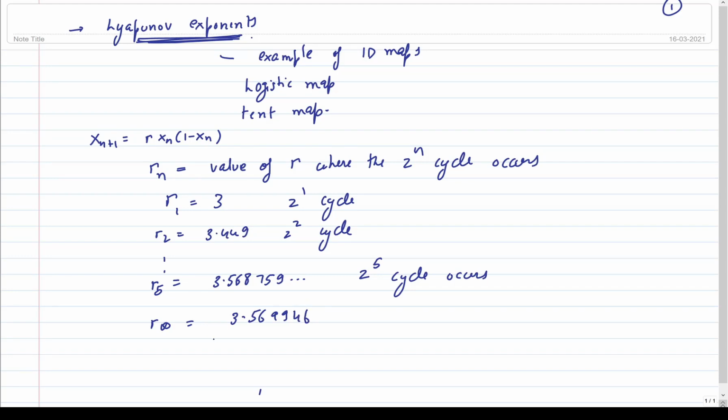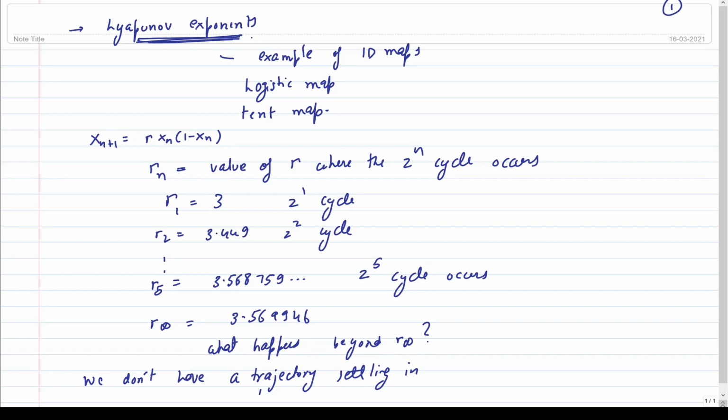And we ask the question, what happens beyond R infinity? Certainly we don't have a trajectory settling on a periodic attractor.